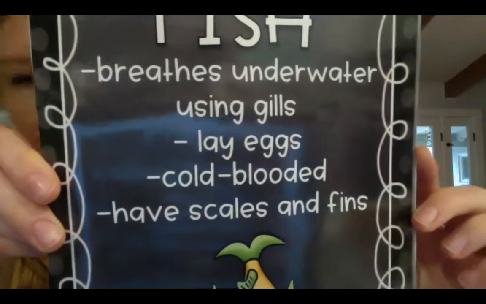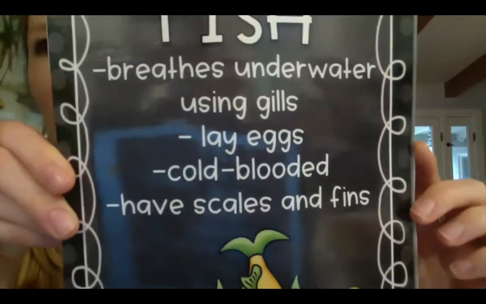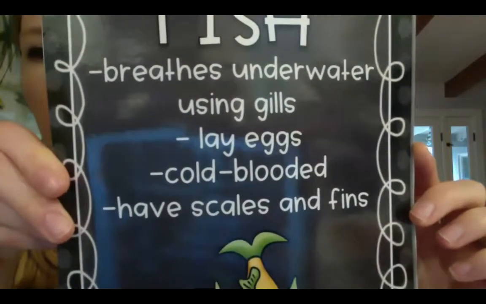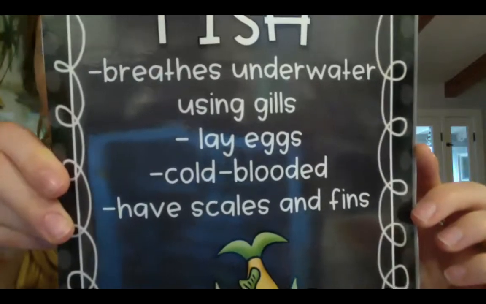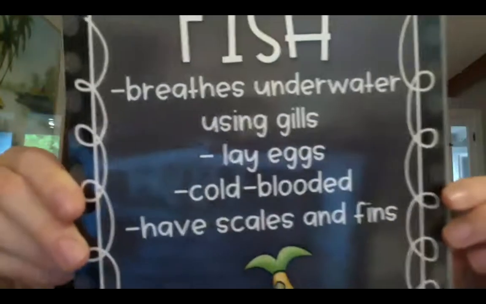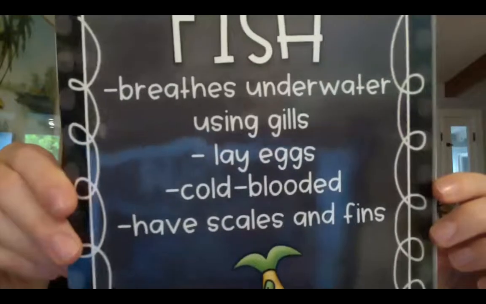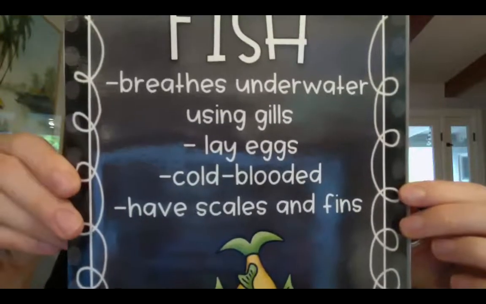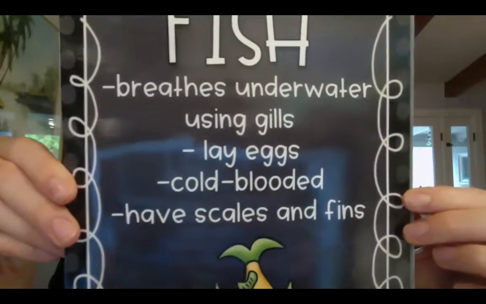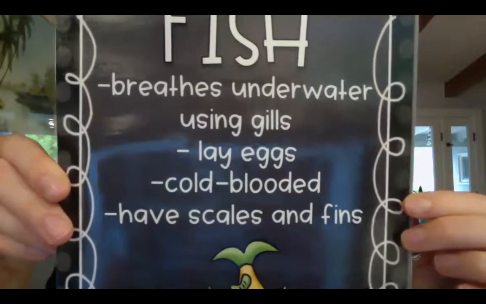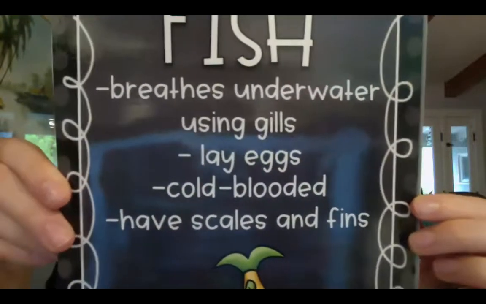What do you think? We've been adding it almost every week. Vertebrates. Yeah. So they do have a backbone, even though, remember, sharks' backbones are a little different. They're made of cartilage, like our ears and nose.